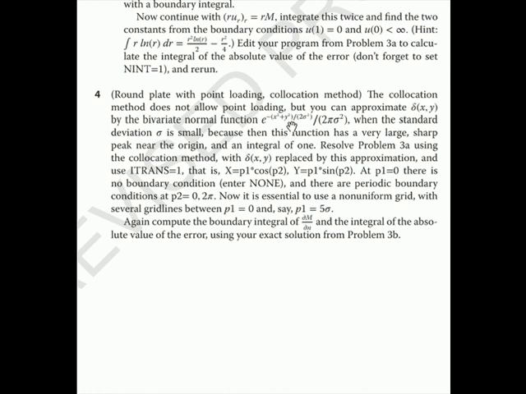Now that means it's going to be very, very important to not have a uniform grid. You're going to have to set grid points near, it gives an example here. Suggestion, you need to make it very dense near the origin because that's where all the action is. And you're going to have to parameterize your region.